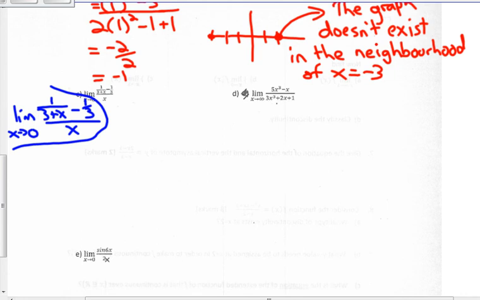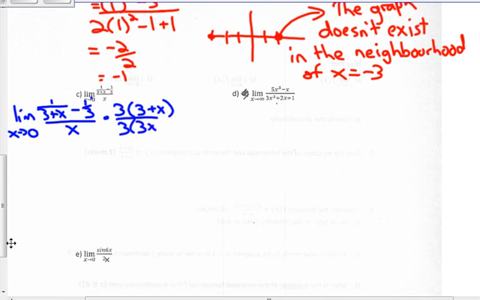So what we can do is deal with those nested fractions and try to find a way around dividing by 0. The way we've dealt with nested fractions is we find the LCD of the little ones, which is 3 and 3 plus x, and I multiply top and bottom by 3 plus x.